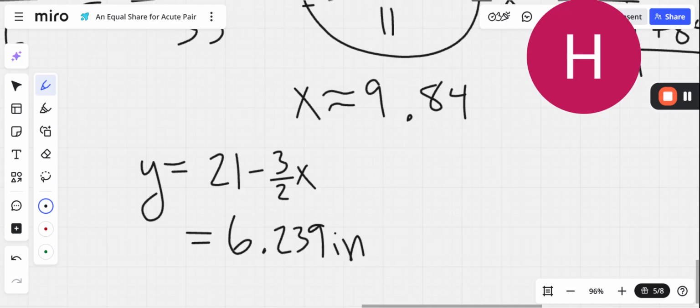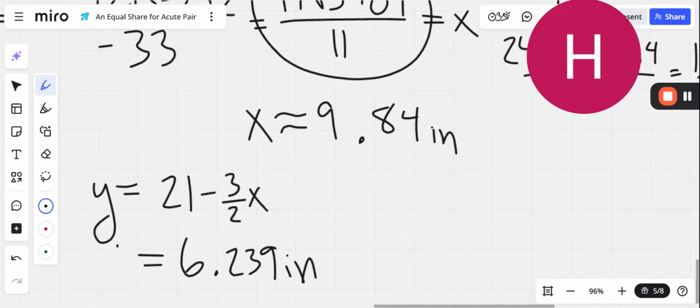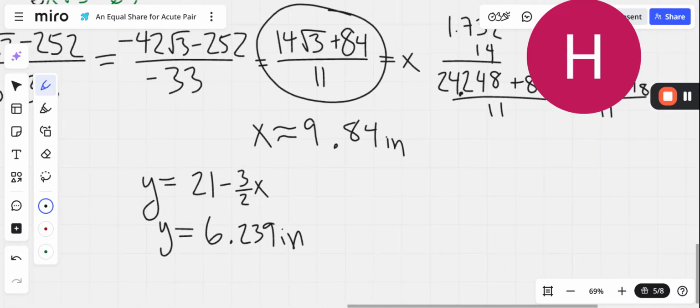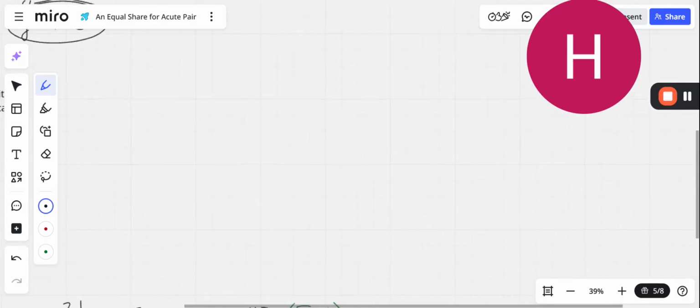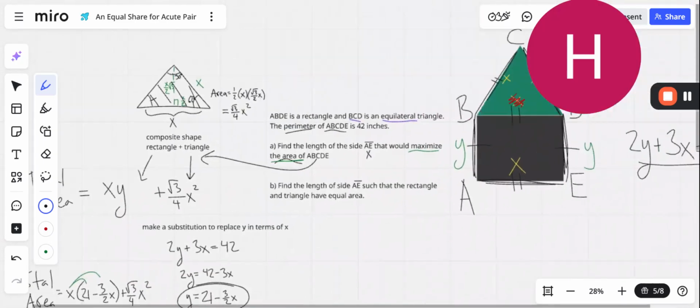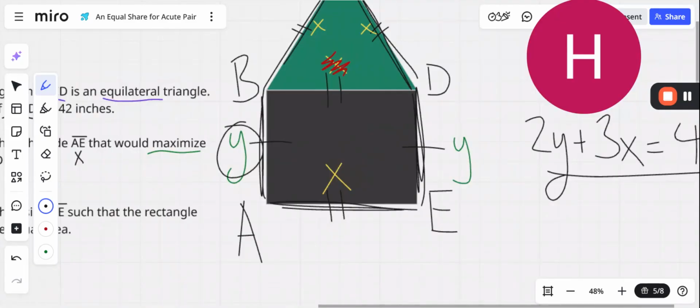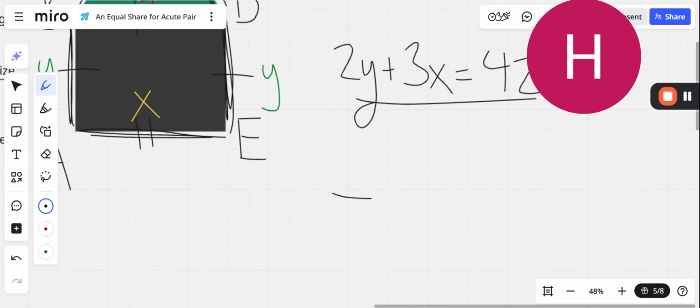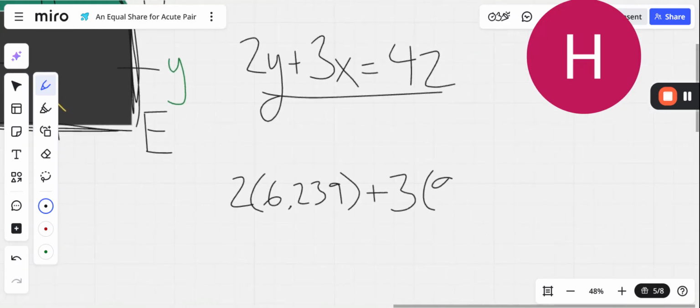This is in inches. I know they didn't ask us for the value of the side length on the left and right side of the rectangle, they didn't ask us for the y value, but it's probably useful to have it there. And you can always check your answers by seeing if we get 2 times 6.239 plus 3 times 9.8. What else was it?